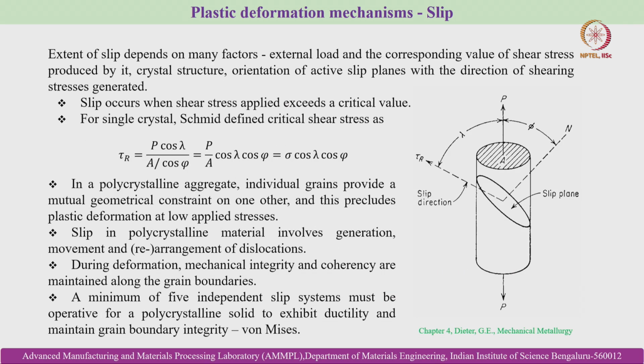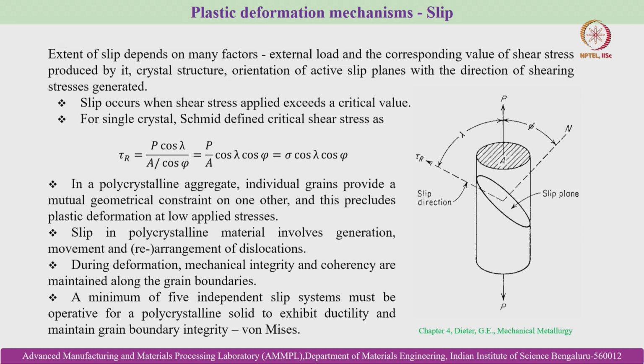Okay. So, the extent of slip depends on many factors: the external load and the corresponding value of shear stress produced by it, the crystal structure, and the orientation of active slip planes with the direction of the shearing stresses generated. Slip occurs when the shear stress applied exceeds a critical value.